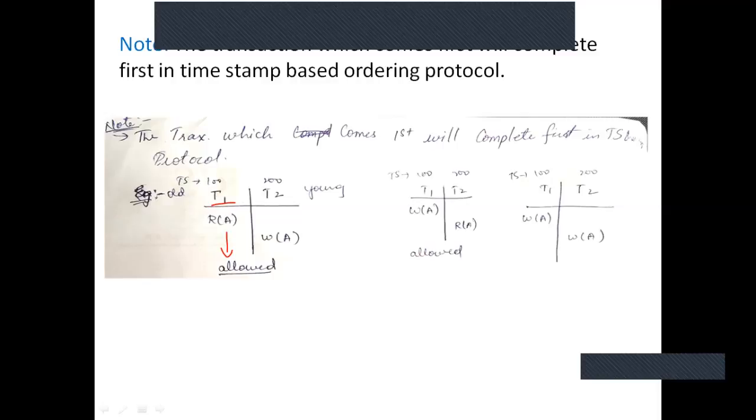Though there is a conflict, the basic timestamp ordering protocol allows T1 to execute first, then it allows T2 to commit. Even here the same thing: first T1 will execute and commit, then T2 gets committed. This is the basic concept of timestamp ordering protocol.